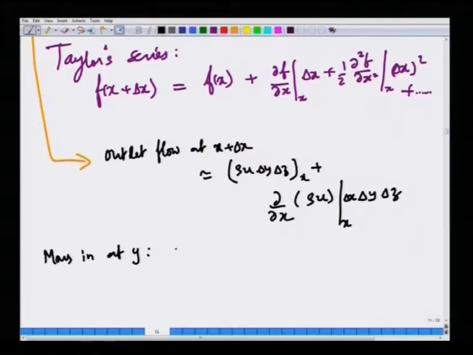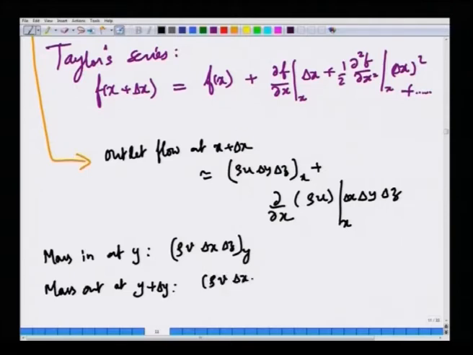So, let us similarly write mass in at y is rho v delta x delta z at y, mass out at y plus delta y is rho v delta x delta z at y plus d dy of rho v evaluated at y times delta y delta x delta z.